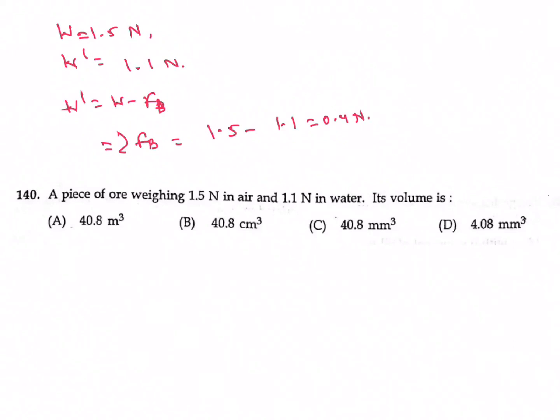This is your force of buoyancy. And force of buoyancy is volume of fluid displaced, and it's completely inside the water, so V also you can write into rho g of water.